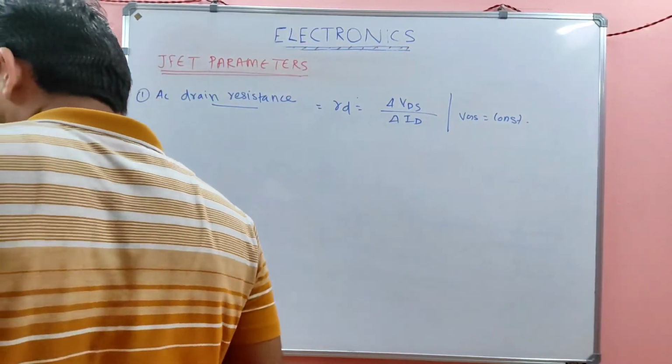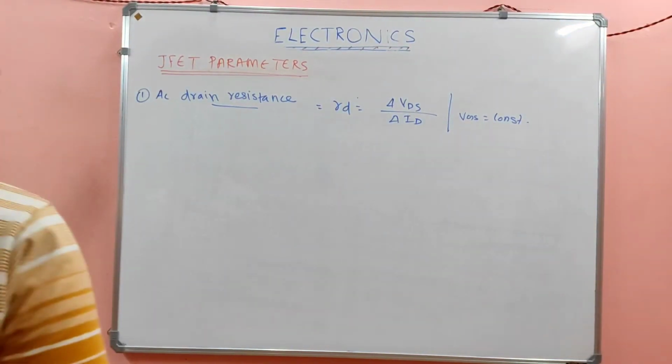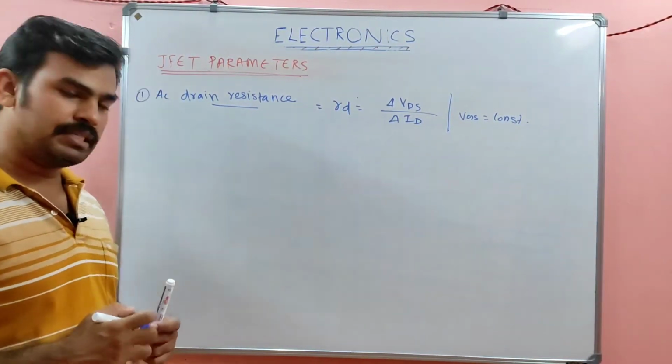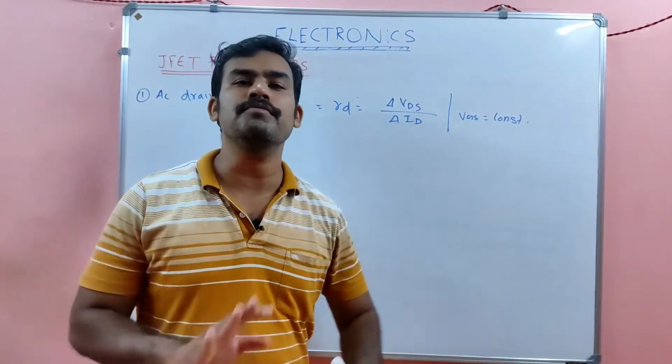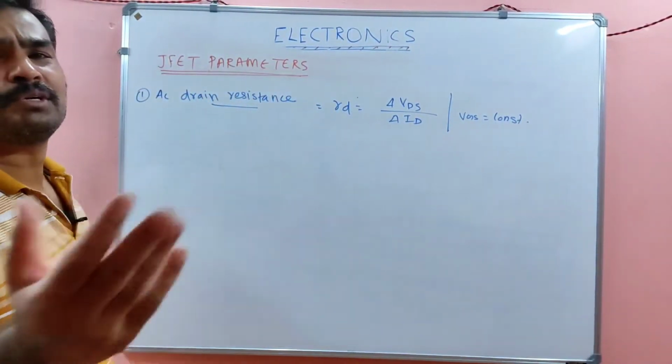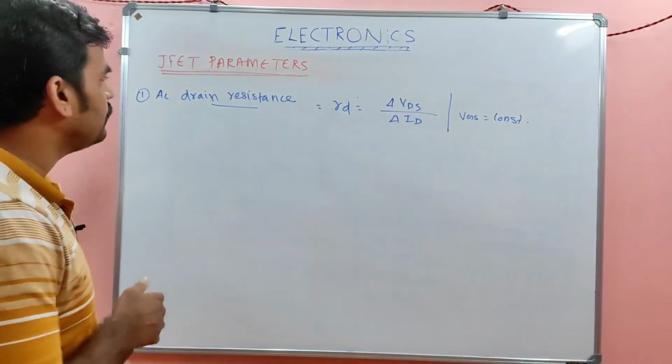That is the change in output voltage with respect to the output current at a particular value of VGS. It is similar to the output resistance in BJT, right?